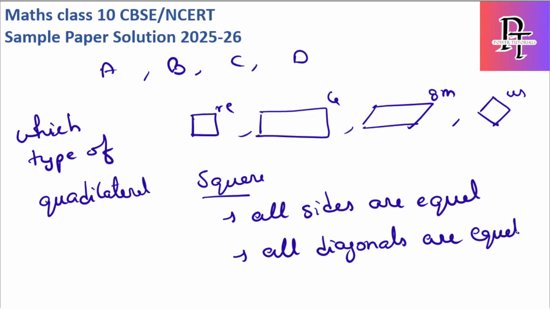So we need to find for all sides, which are nothing but AB distance, BC distance, CD distance and AD distance, all 4 should be same. At the same time, the diagonals are BD and AC, and these two should also be same. This is for square.